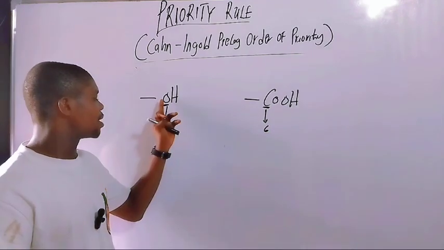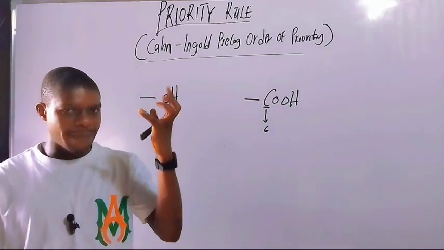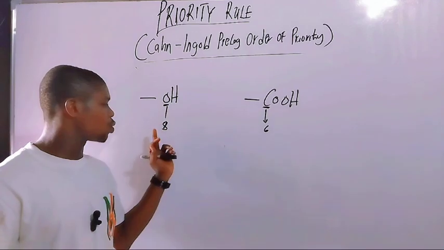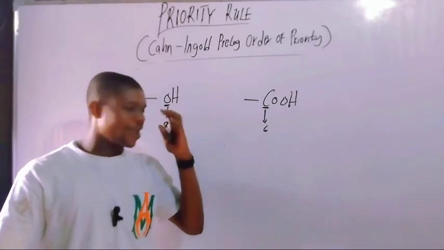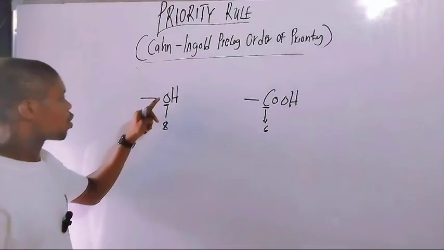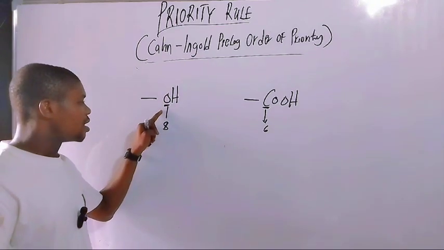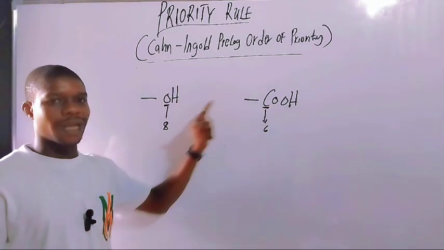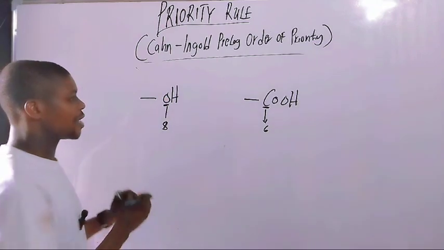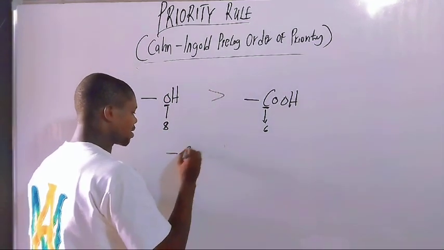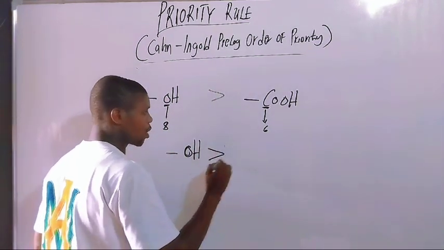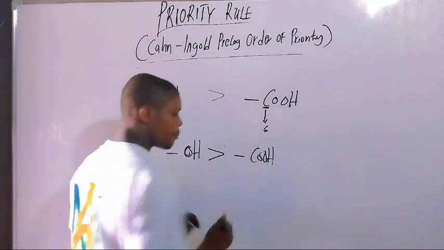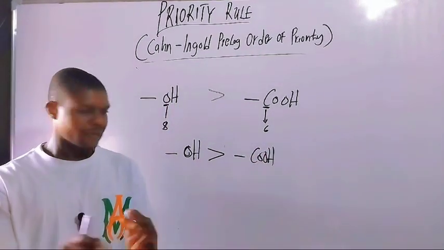Your main atom here, oxygen, is 8. Carbon, your main element here, is 6. Because oxygen is higher than carbon in atomic number, OH, the alcohol, takes priority over COOH under the priority rule.